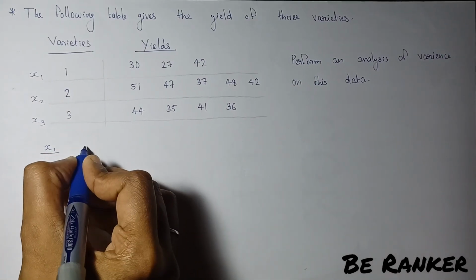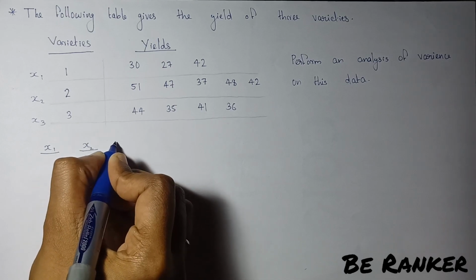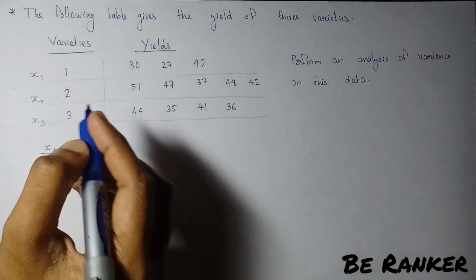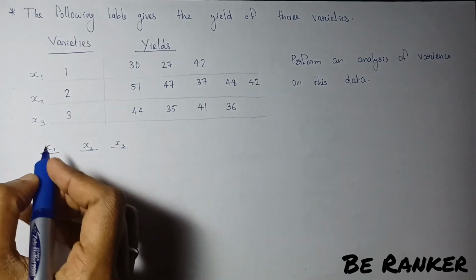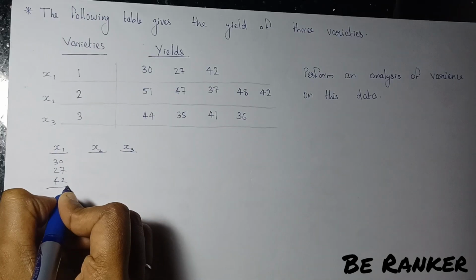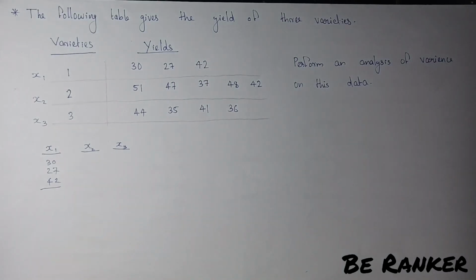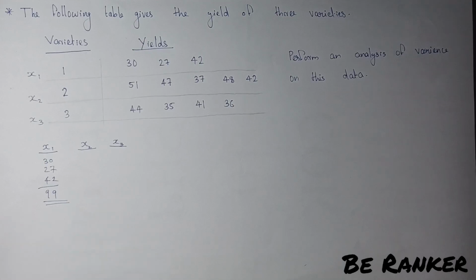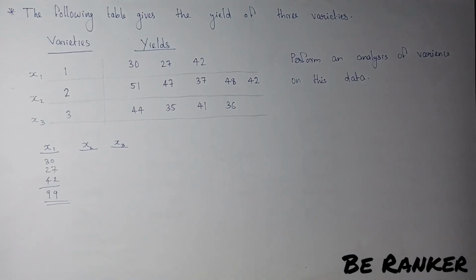Here x1 elements are 30, 27, 42, and the sum is 99.